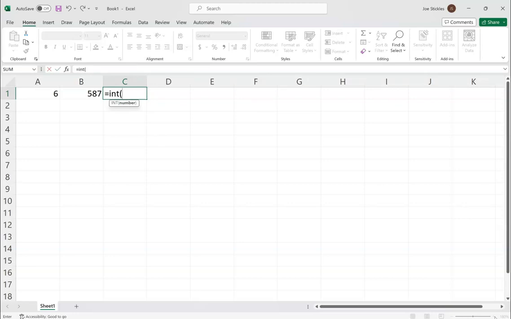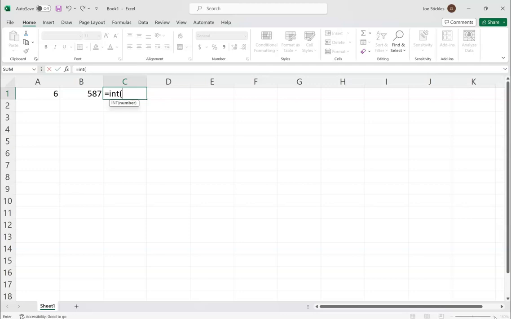We can use the floor function, which just means that you always round down. That works just fine for positive numbers, but for negative numbers the floor function is a little weird because you round down to the integer below it. So the floor of negative 2.5 actually gives you negative 3, when you really want the negative 2 part if you're thinking about the integer piece.